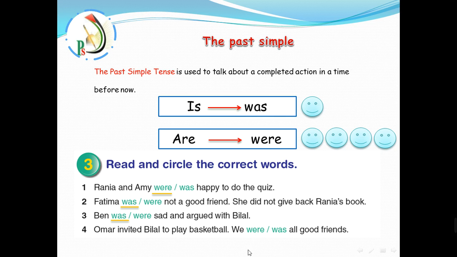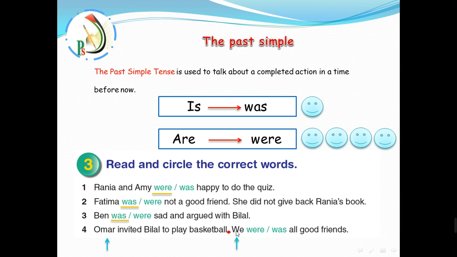What do you think? It's a tricky sentence. We have here we and we have Omar. Who is the subject of these verbs? What do you think? Omar or we? You should notice that we have here a full stop. So this is a sentence and this is another sentence. So you have to focus on the nearest subject before the verb.